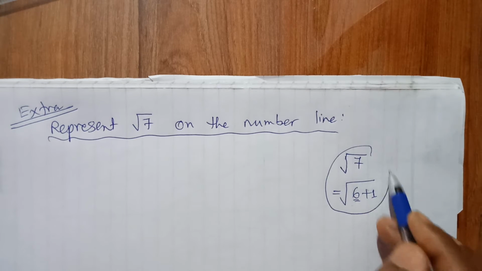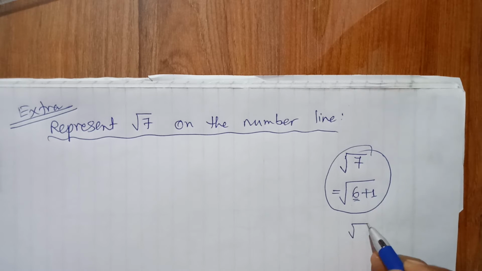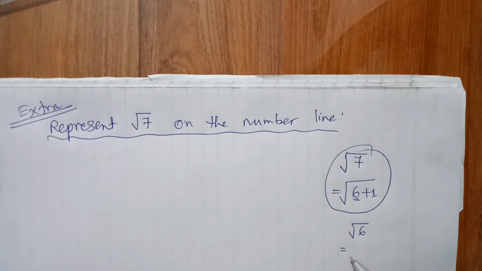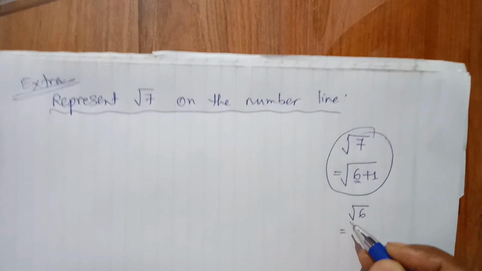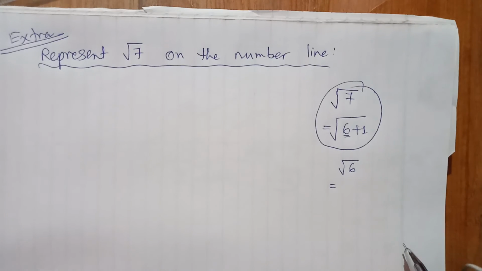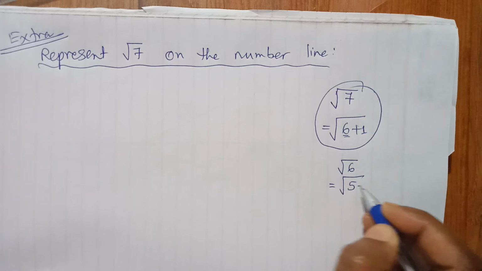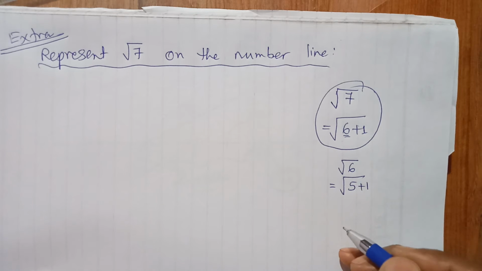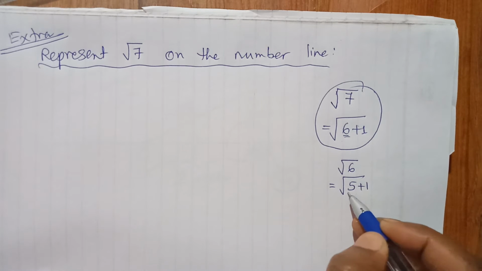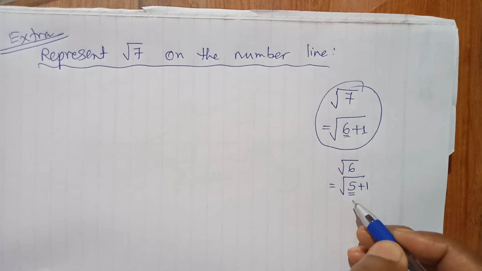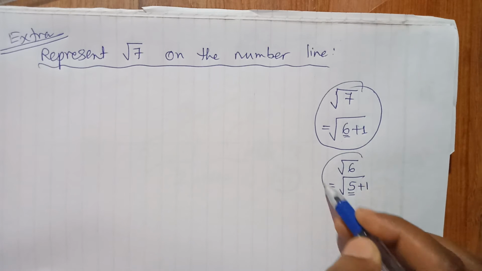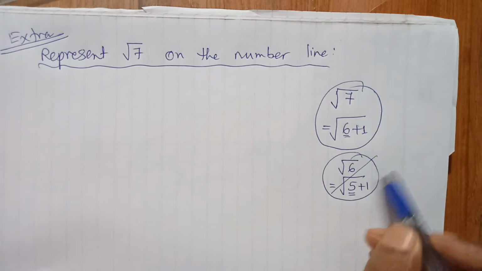Here it is not possible. The next is root 6. Now try to break this. It is coming 5 plus 1. Still the first number is not a perfect square. So these two are rejected.